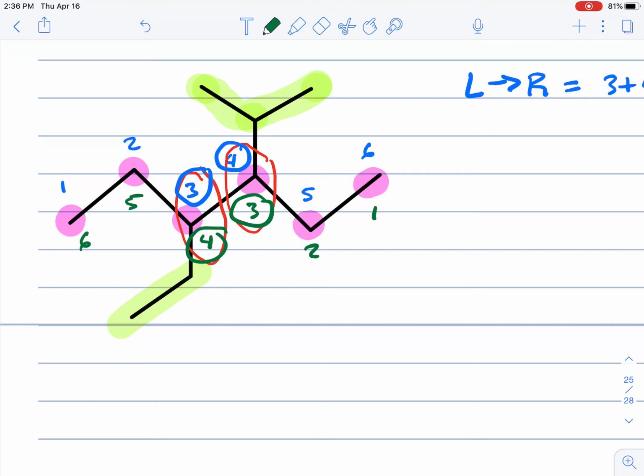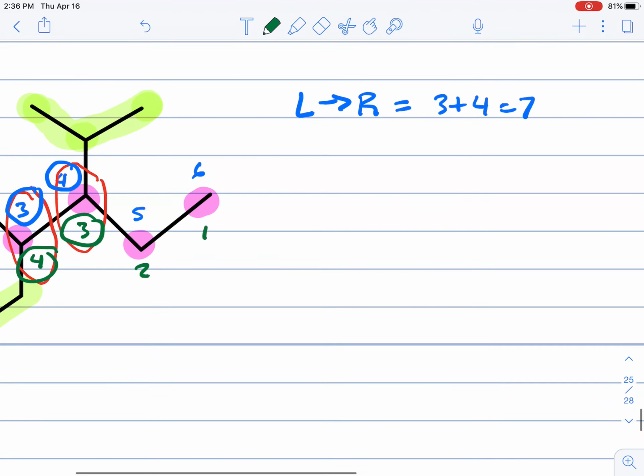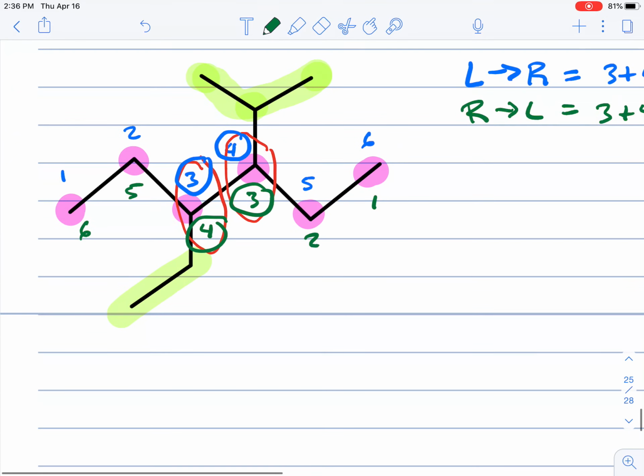If I go from right to left, this is going to be 3 plus 4, which equals 7. And so here it looks like they're both 7. One might say, okay, since they're both 7, I guess we can do either path, right?